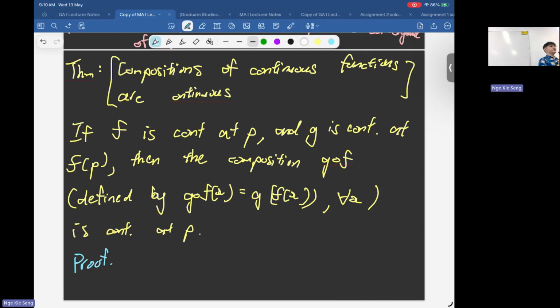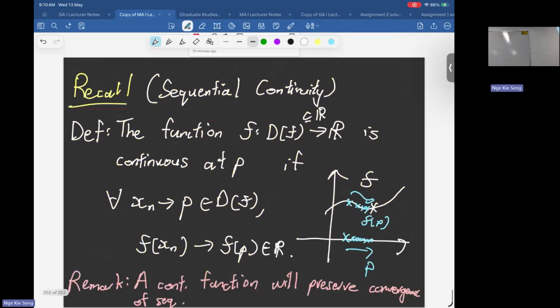Say anything. You need to try. You have to try first. You have to hit the wall. It's not really banging the wall, but you need to try. Definition of continuous: you need to go back. What is continuous? What do you need to show? For every sequence, you need to show that.